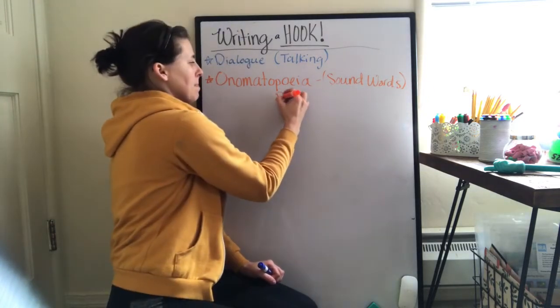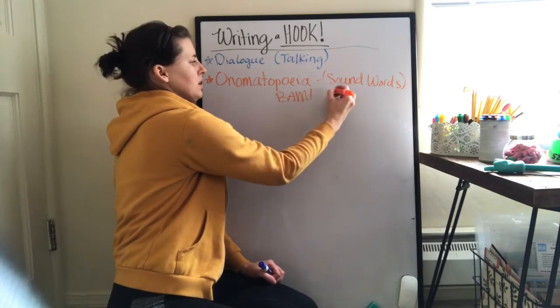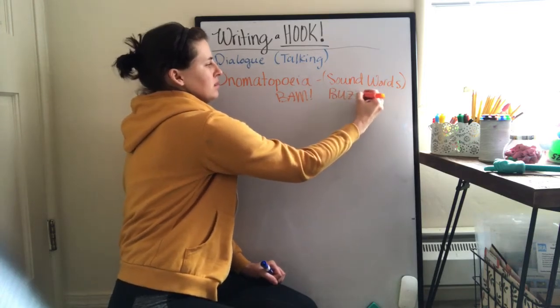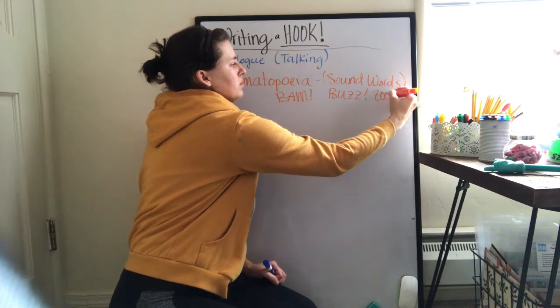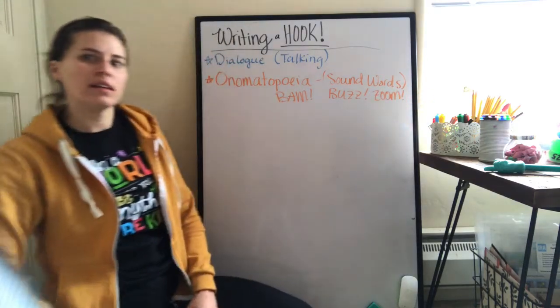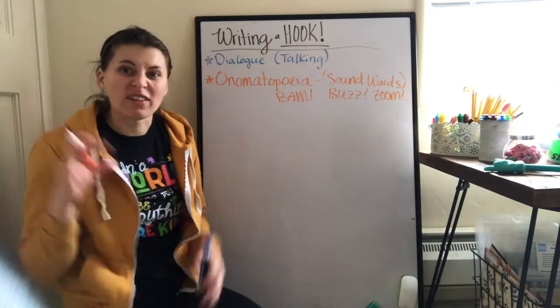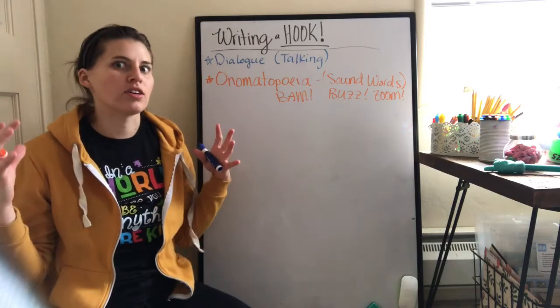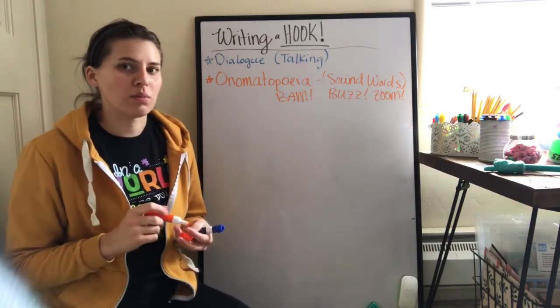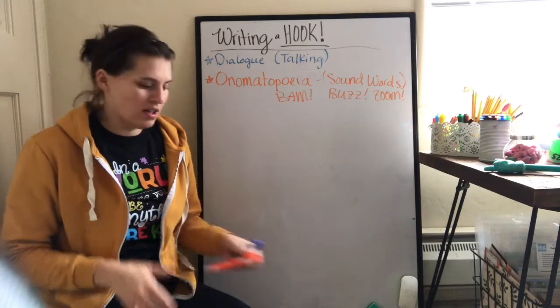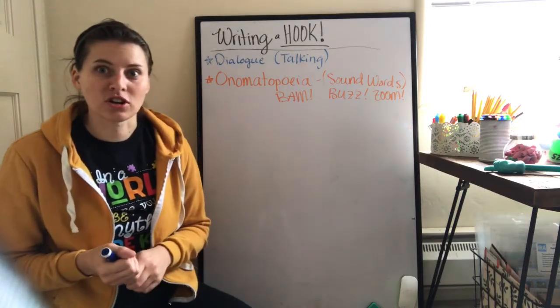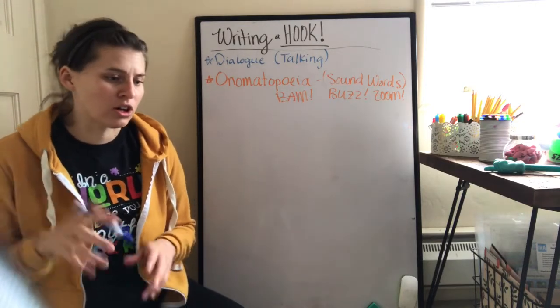So like bam, buzz, zoom. Things like this, they get your reader more invested in their story, and it's like they can hear it. It's like they're there. So using onomatopoeia or sound words can be a good way to start your story and throughout your story, not just starting your story.